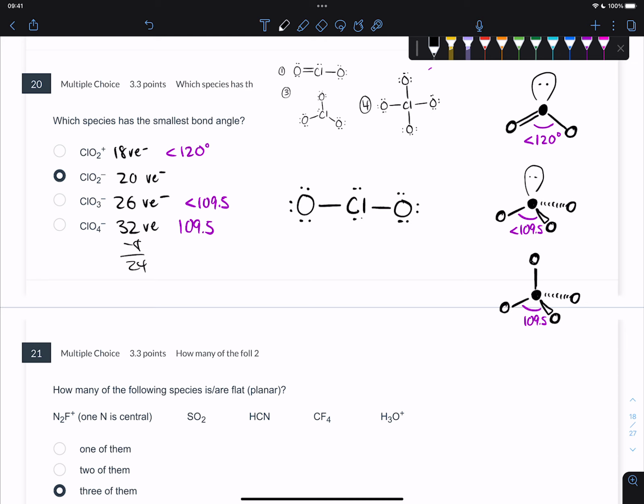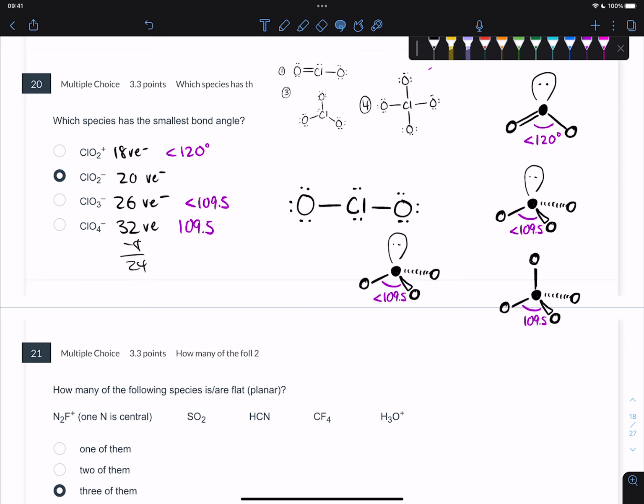Ooh, interesting. Because now notice how our central atom has 2 lone pair. And as you heard earlier, every time you add lone pair to that central atom, it makes the angle even smaller. So this one has no lone pair, 109.5. This central atom has 1 lone pair, less than 109.5. So luckily this feature is great.